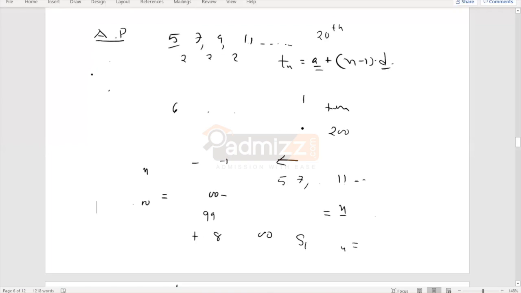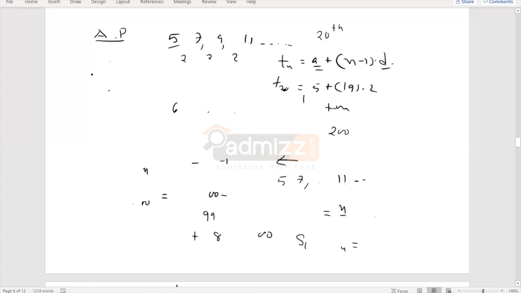If you want the 20th term, put 20 here. So T20 equals A, the first term 5, plus 20 minus 1, this is 19, into the difference, which is given as 2. Now simplify and you can get the 20th term.